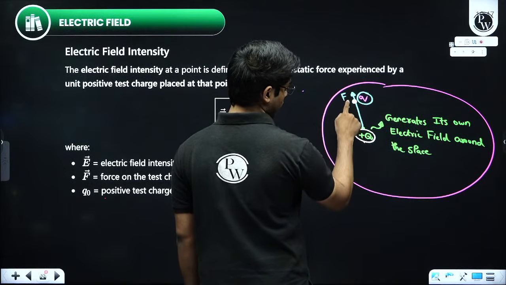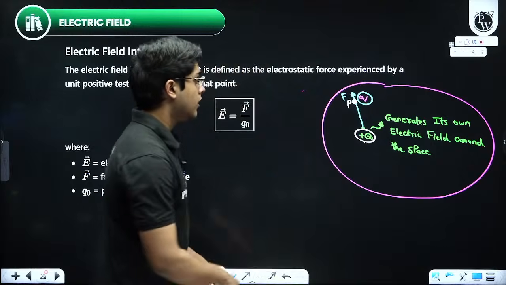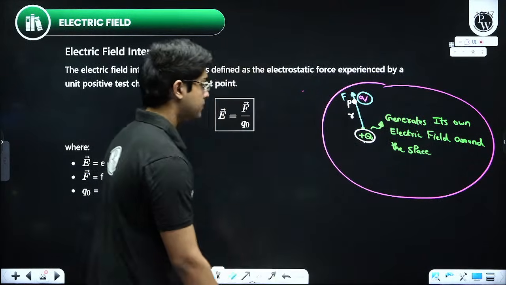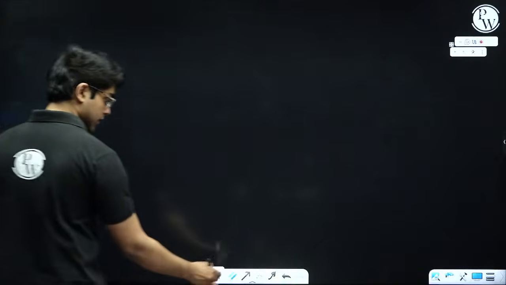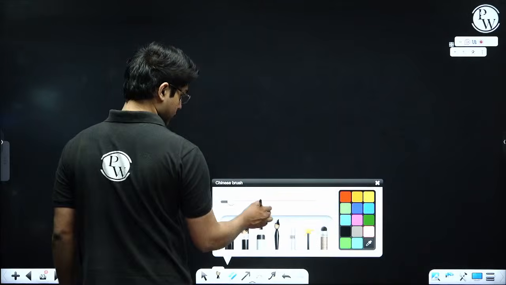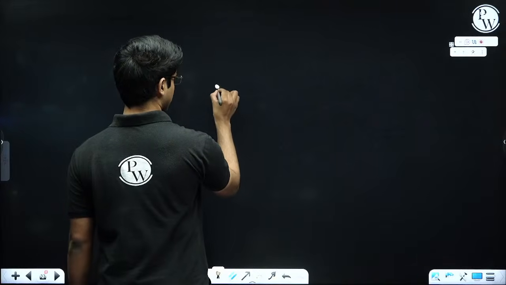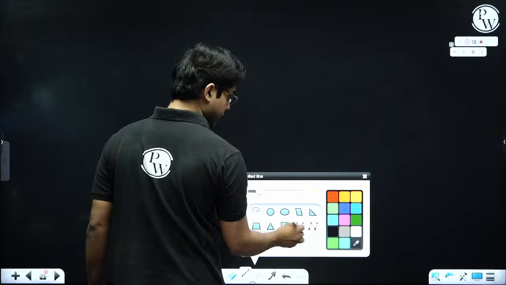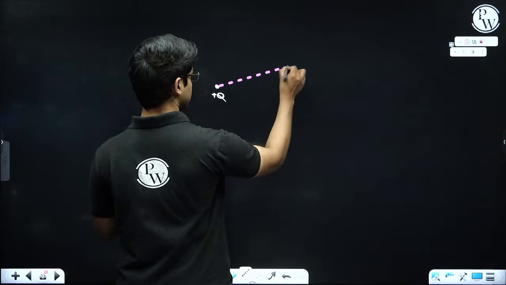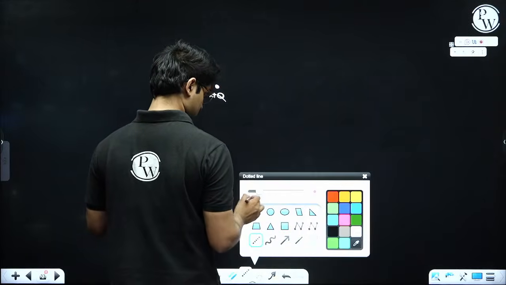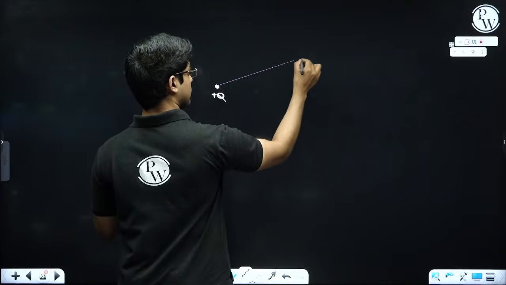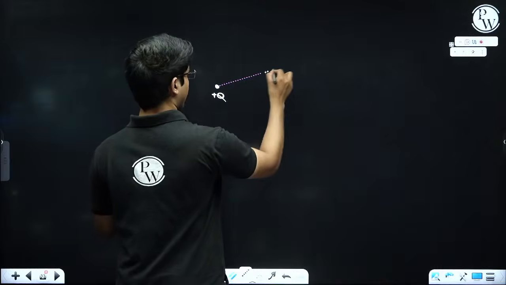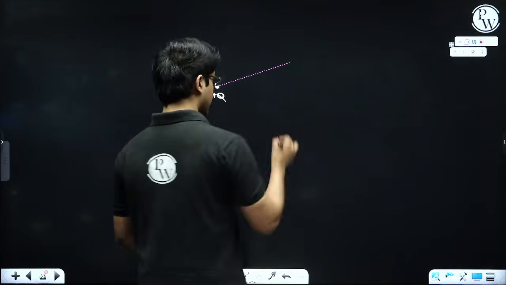Let's call this location P, and this location P is at an r distance from capital Q. So I'll draw it on this page. We have a plus q charge and I want to find the electric field due to this plus q charge at a location r distance away.